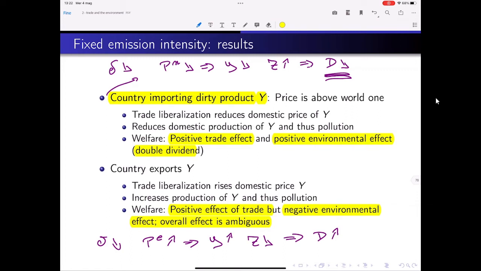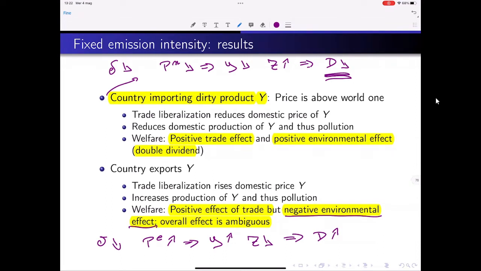And what I'm going to show you after the break, where we're going to see the formal model, is that the overall outcome depends on environmental taxes. How strong the negative environmental effect is depends on the size of taxes.